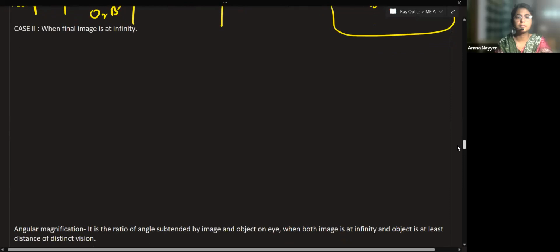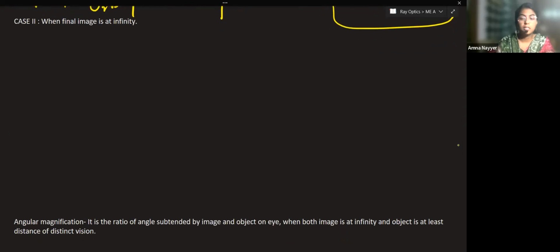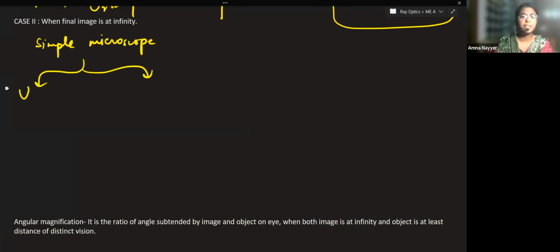Class, quick revision, be alert and try to revise here, because otherwise I'll ask you at the end of the class. For the simple microscope, you had seen two cases: when the image was formed at the least distance of distinct vision and when the image was formed at infinity.